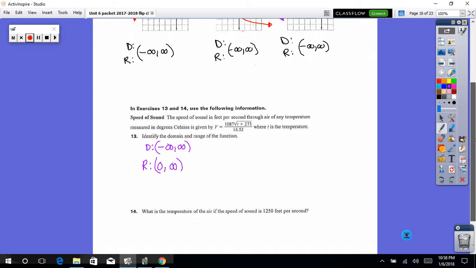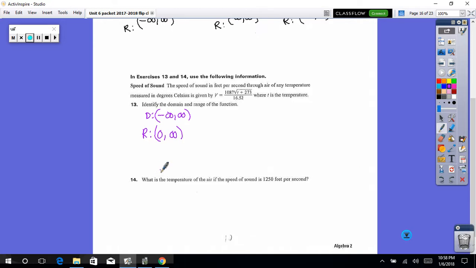Okay, and the last one asks us what is the temperature of the air if the speed of sound is 1,250 feet per second. So we're going to have to do a little backwards working here. So we have 1250 equals 1087 square root of, here's our missing, that's what we're looking for.